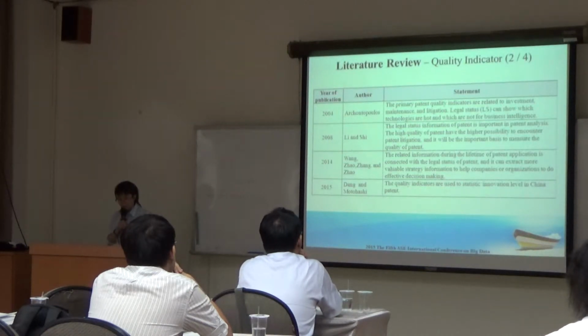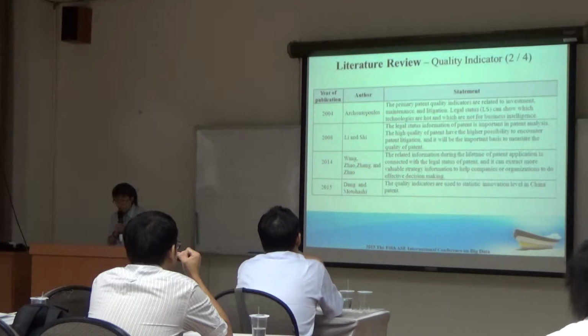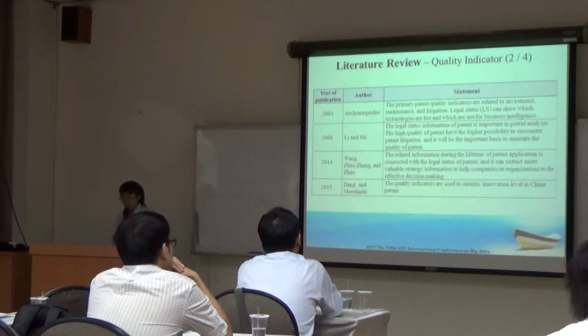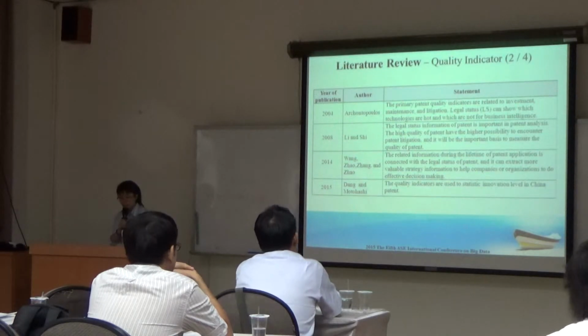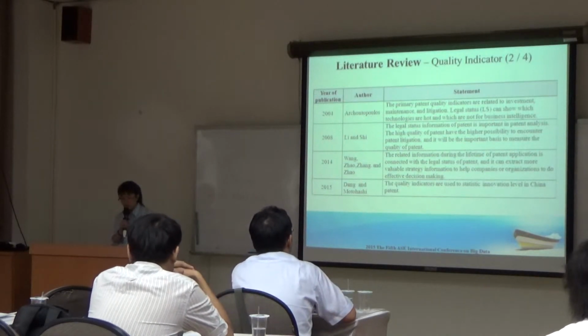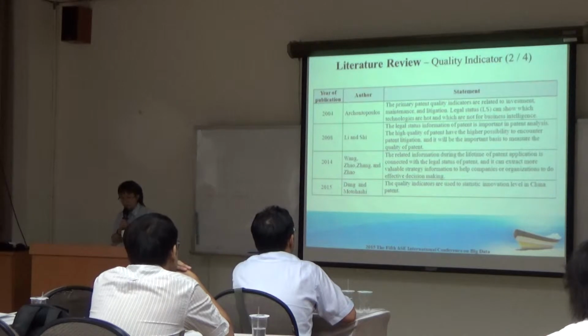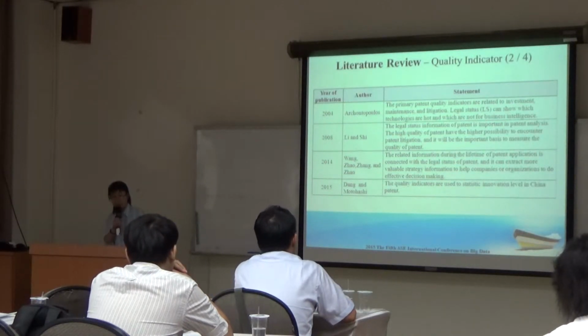The primary patent quality indicators are related to investment, maintenance, and litigation. Legal status can show which technologies are hot and which are not, for business intelligence.